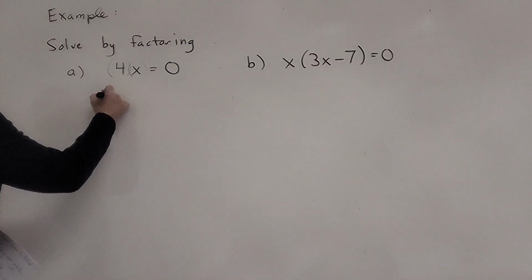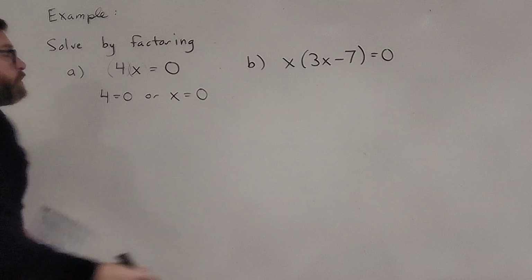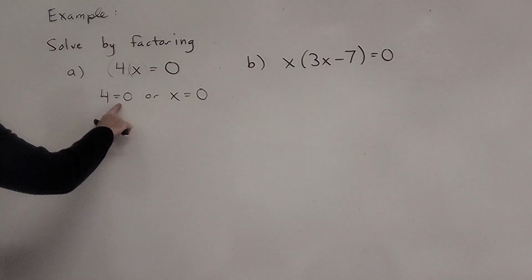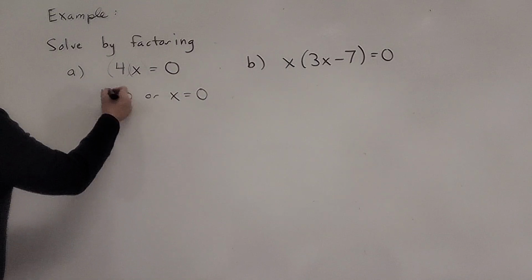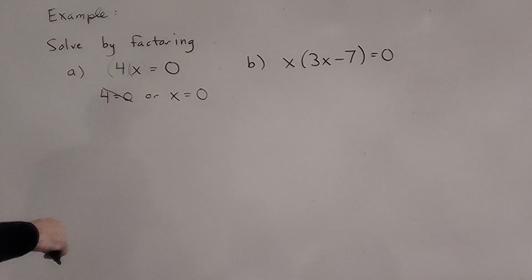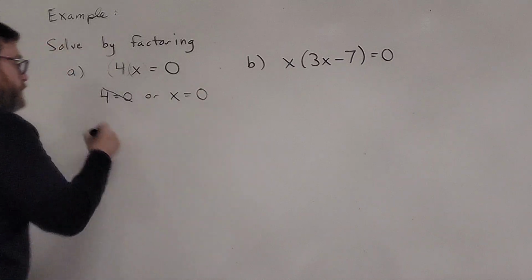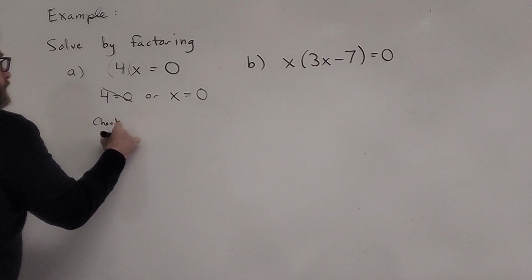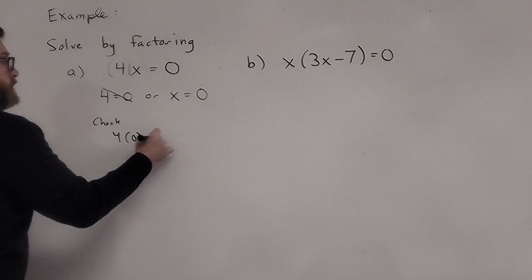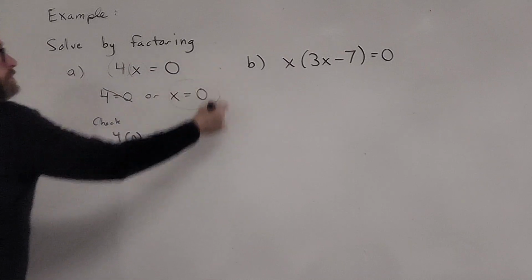So either 4 is equal to 0, or x is equal to 0, or they're both equal to 0. 4 being equal to 0 is not a solution, because for an equation to be true, the left-hand and right-hand side have to be the same. So the only answer is x is equal to 0. And we can check: 4 times 0 is 0. So this is our solution.